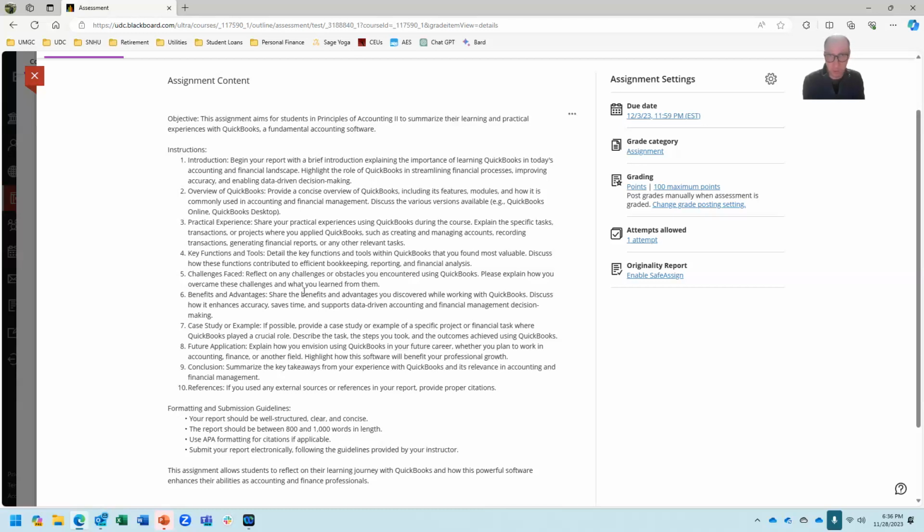The overview of the software is the next part. I want you to talk about its important features and how it's commonly used in accounting today. Also mention the different types of software that are available: an online version, the desktop version, etc.